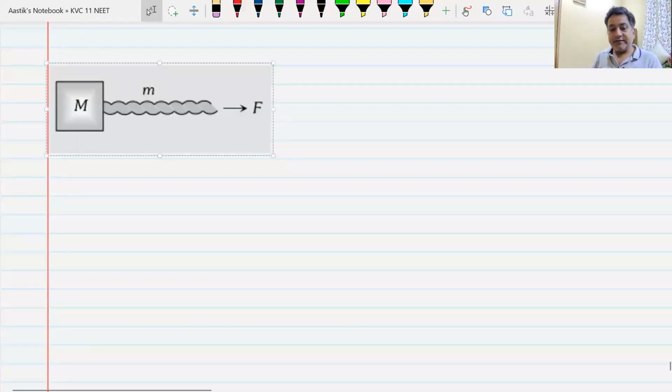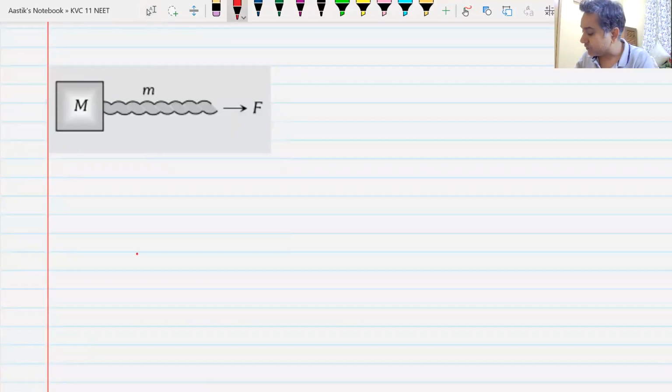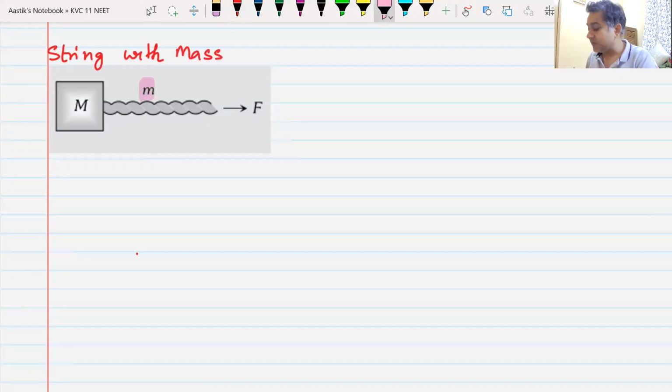Let us say small m is the mass of the string, and you have a block of capital M. Now, when the string has mass, the tension at this end and the tension at this end would be different.